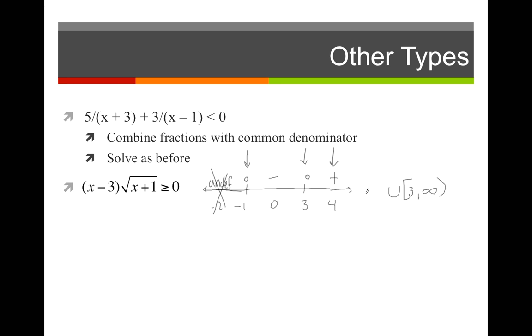There's no interval. Well, if there's not an interval and it's only a single value, we're going to use the squiggle brackets and say -1 in squiggle brackets. That's just a set with a single piece in it. All right, so there's the answer for greater than or equal to 0 on this particular function.